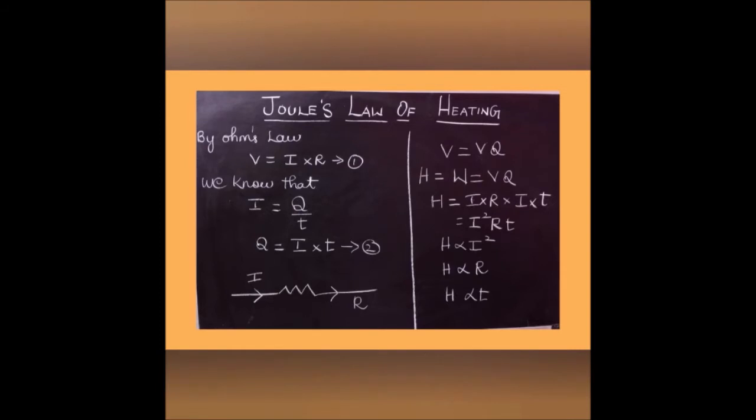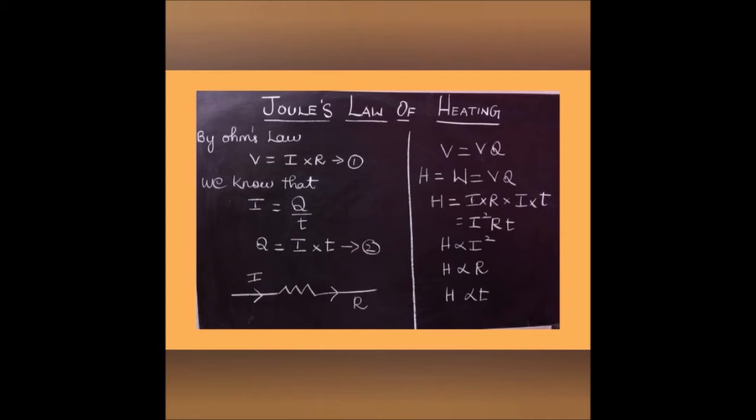Let I be the current flowing through the resistor of resistance R, V be the potential difference across the resistor, and the charge is Q. The work done in moving the charge Q across the ends of the resistor with the potential difference V is therefore W equal to VQ.